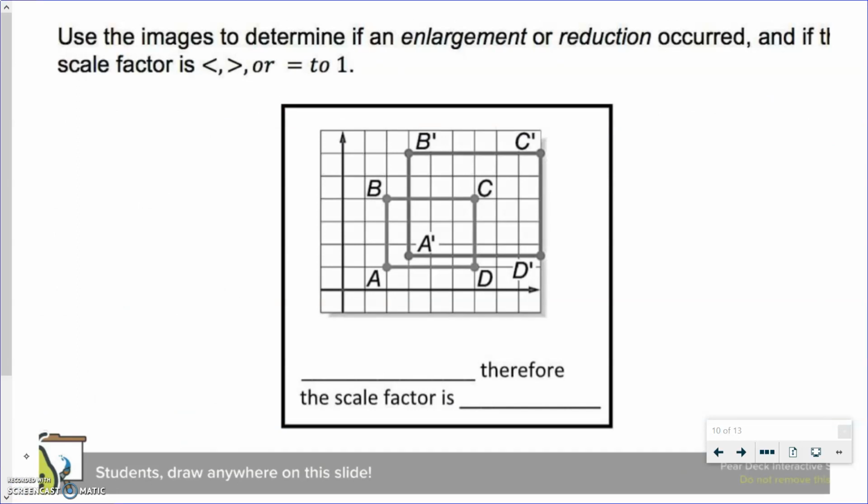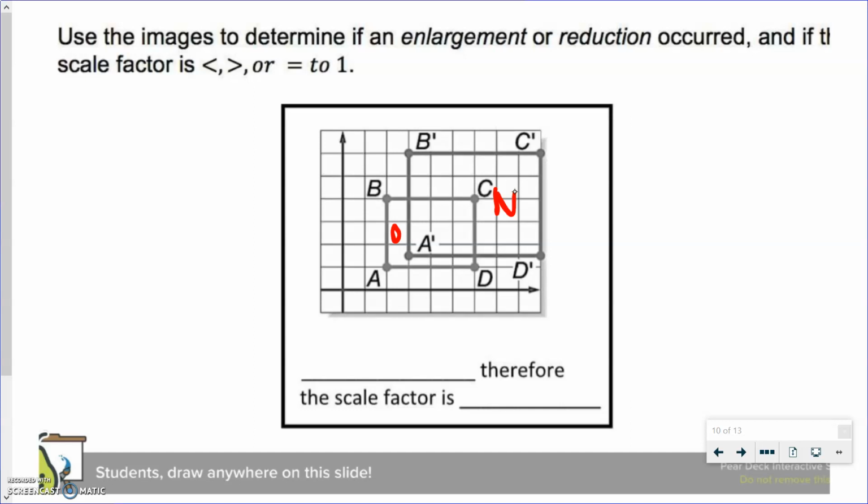Then our example here, it says use the images to determine if an enlargement or reduction occurred, and if the scale factor is greater than, less than, or equal to 1. Okay, so if I look here, I have rectangle ABCD and rectangle A prime, B prime, C prime, D prime. So for me, I'm going to label an O for my original and an N for my new, just so I know what it is going to and coming from.